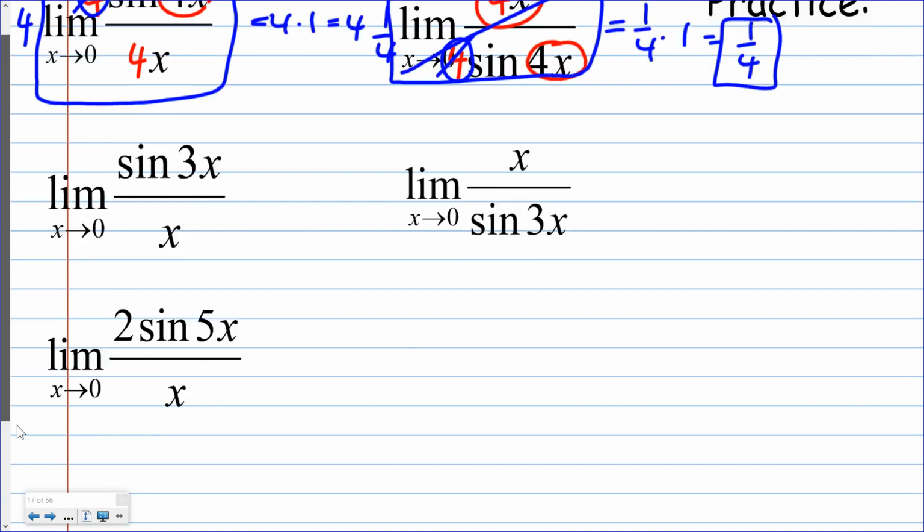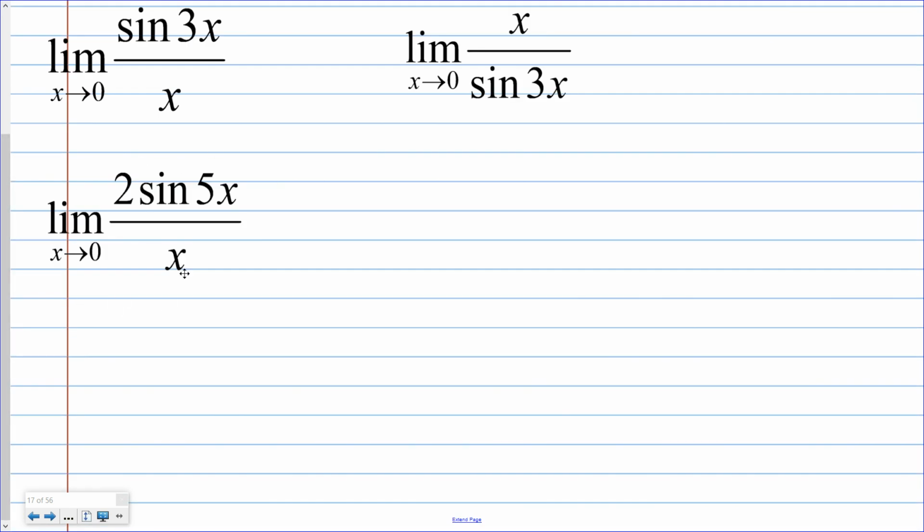Okay? Let's do something a little bit different. Let's look at this problem here. Guys, if I have 5x here, what do I want in the denominator? 5. Not just 5, but 5x, right? So there's already an x, so I'm going to multiply by 5. If I multiply by 5 on the bottom, I also have to multiply by 5 on the top. It is a multiplication.